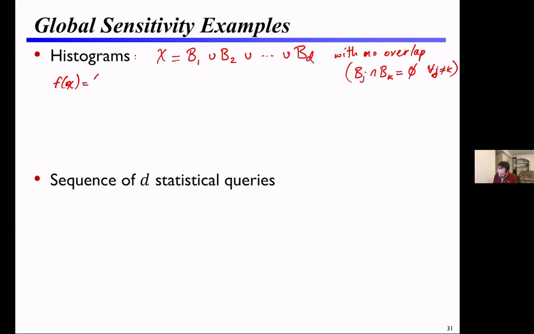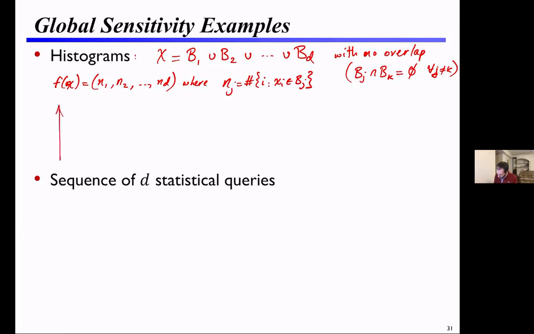So it's a list of counts, n_1 and n_2 up to n_d, where n_j is the number of indices i such that x_i is in B_j. That's the function we want to release, and we want to add noise to that thing.